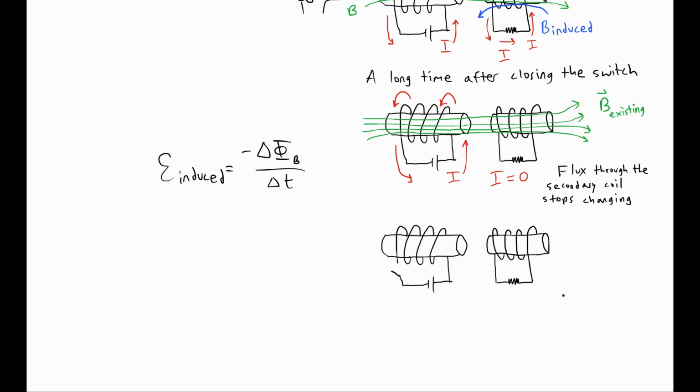And if that happens, then the magnetic flux through that secondary coil will decrease. So in order to compensate for the change, the coil will spring into action, creating its own induced magnetic field that replaces the field that was there before.